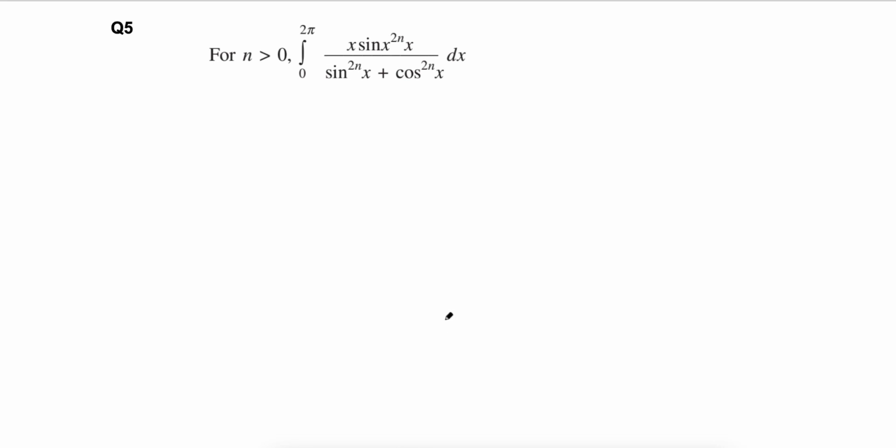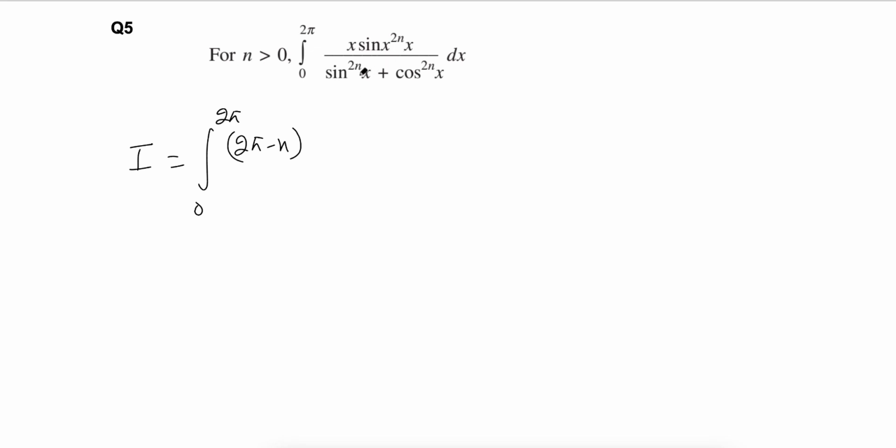For n greater than 0, 0 to 2 pi. What should we do? King formula, x is there, so chance is there. King formula can help us. 0 to 2 pi, correct. 2 pi minus x into sine 2 pi minus x is what?